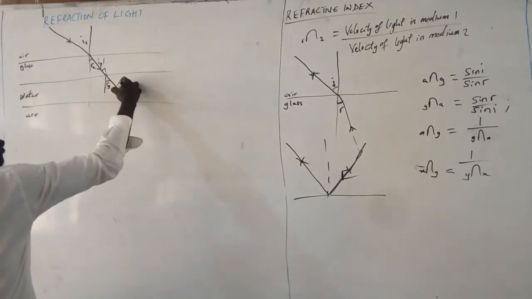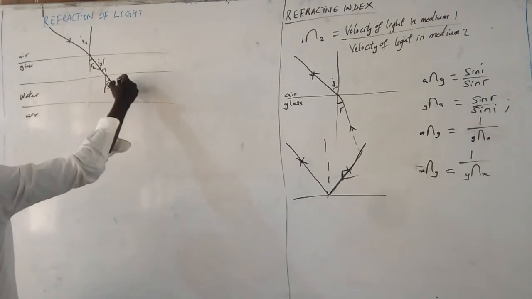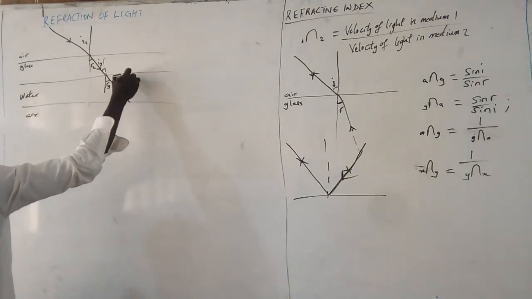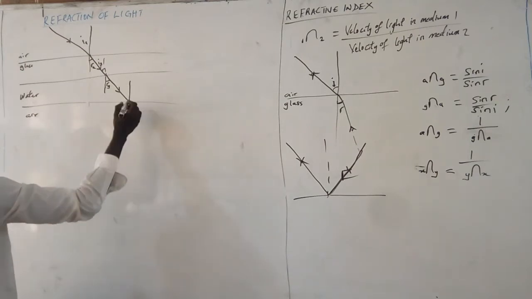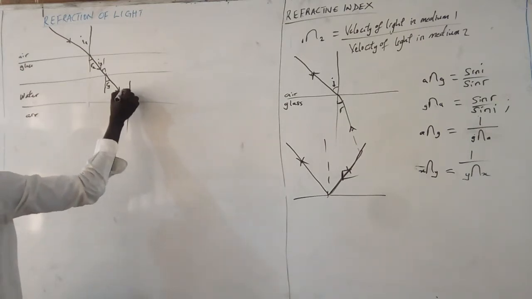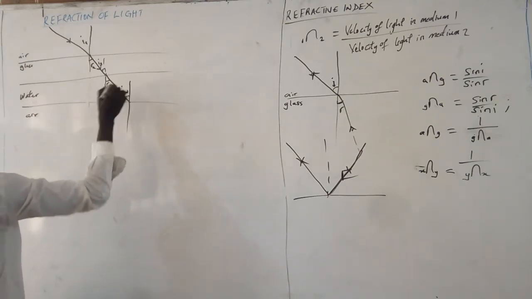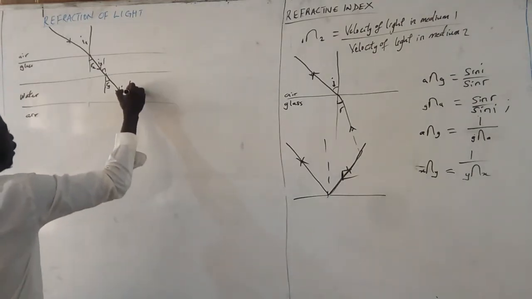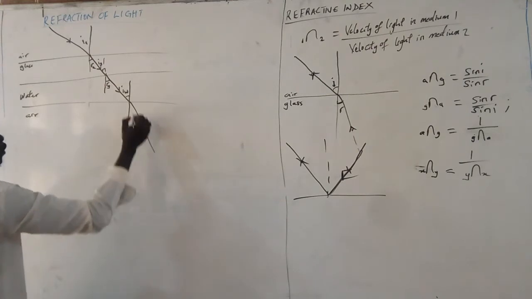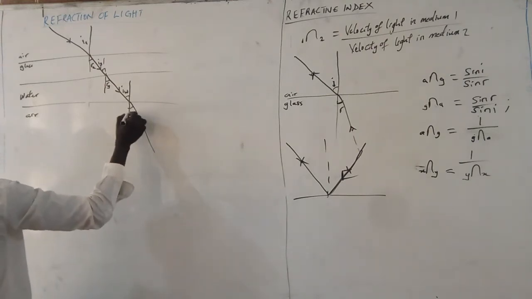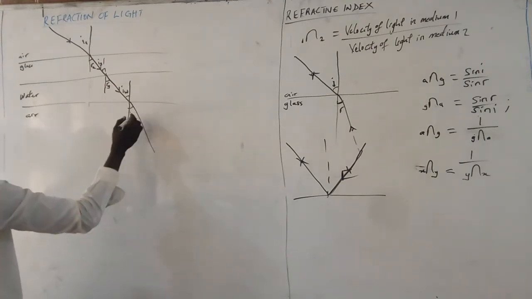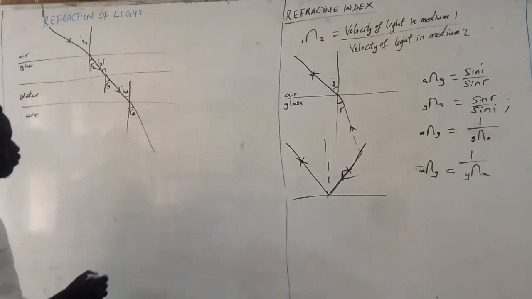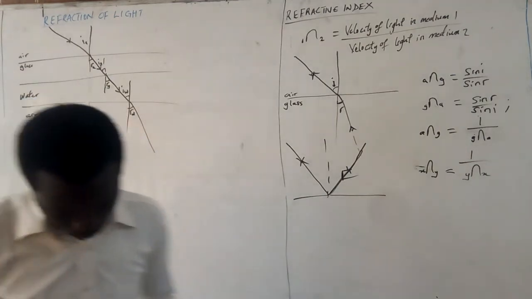Now this will become the angle of incidence on the medium of water. So if I draw a normal, this is the angle of incidence of water. Then I'm going to have the angle of refraction, so it is refracted into water this way.